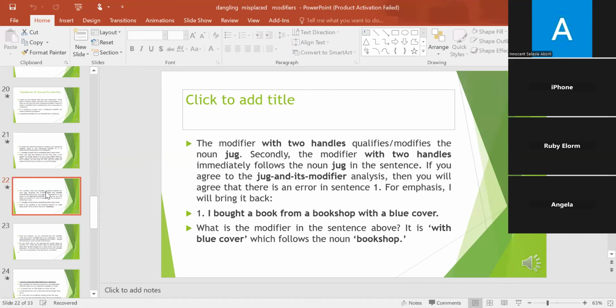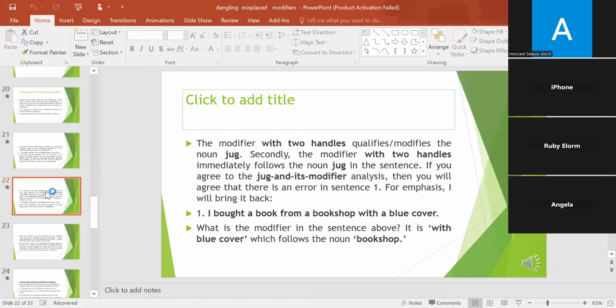You see that the noun comes, then the modifier comes immediately after it. A girl in a green top. A boy in blue trousers. So you see, the prepositional phrase will qualify the noun because it comes immediately after it.